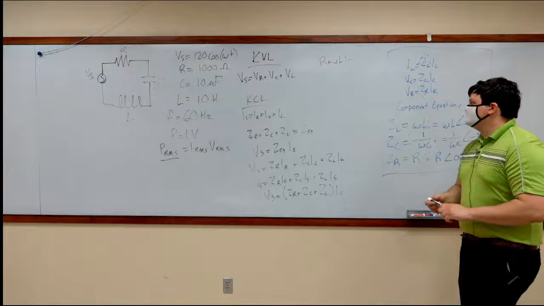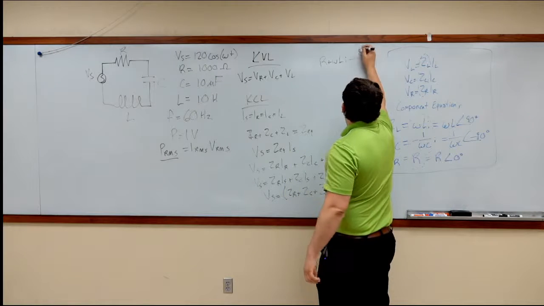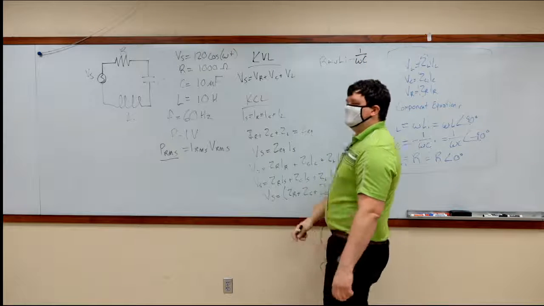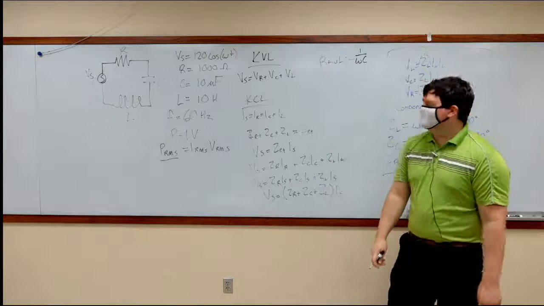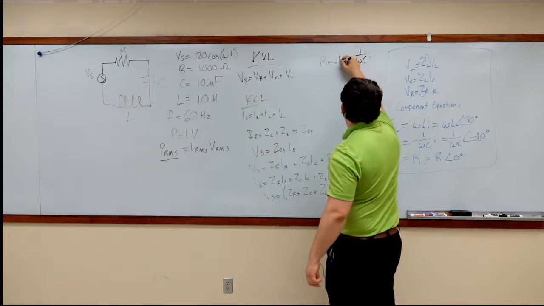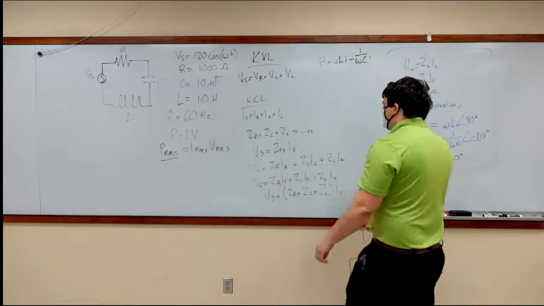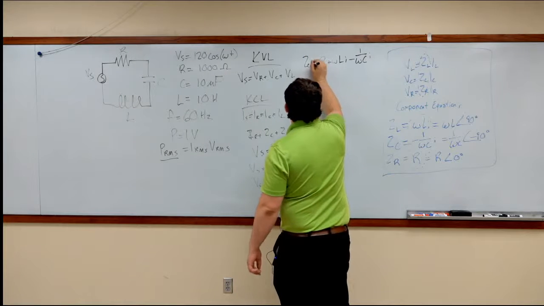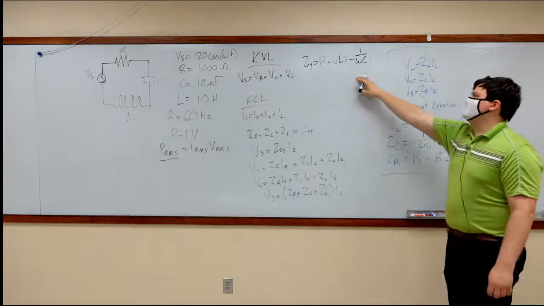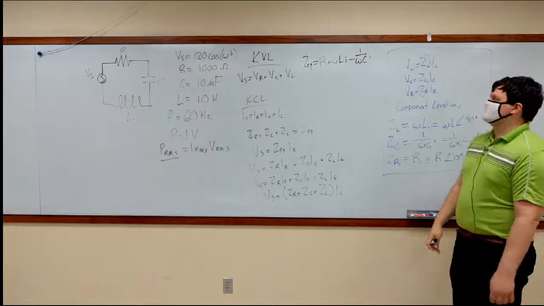We'll murder all of these markers by the time class is over. 1 over, oh yeah, that's nice. So here, our Z equivalent is equal to R plus omega L I minus 1 over omega C times I.